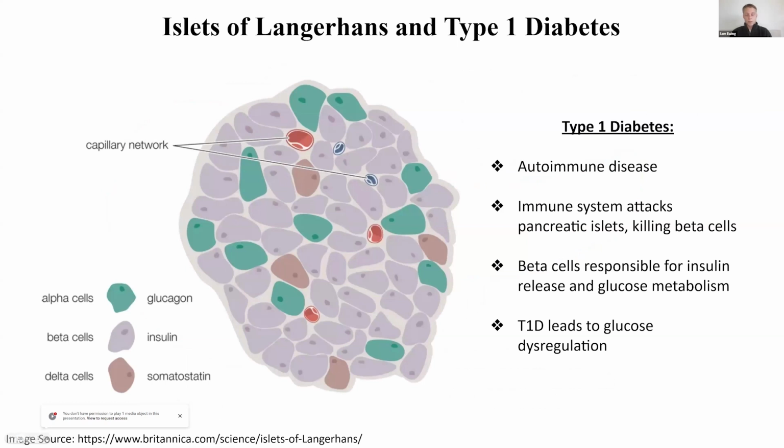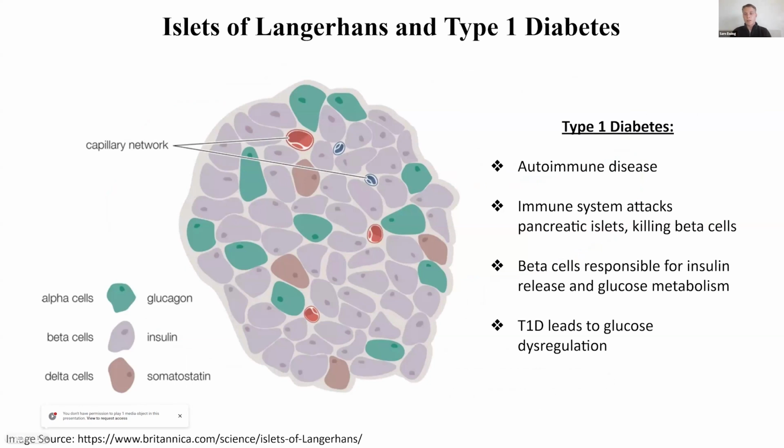So to look a little bit closer at one of those islets, you can see here in the image on the left, the three main cell types in islets are alpha, beta, and delta cells, which secrete the hormones glucagon, insulin, and somatostatin respectively. And insulin, as you may be familiar with, is important in the regulation of glucose metabolism.